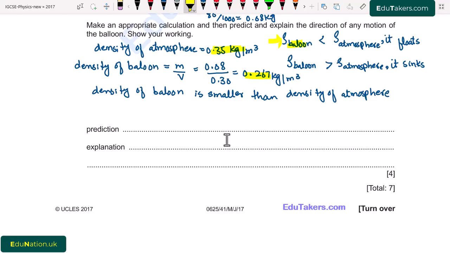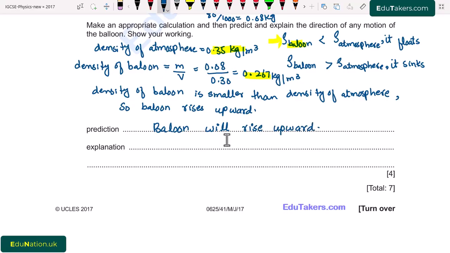So in this case the balloon will rise upward. So balloon rises. So here the prediction is that the balloon will rise upward, and the explanation is that the density of balloon is smaller than the density of atmosphere.